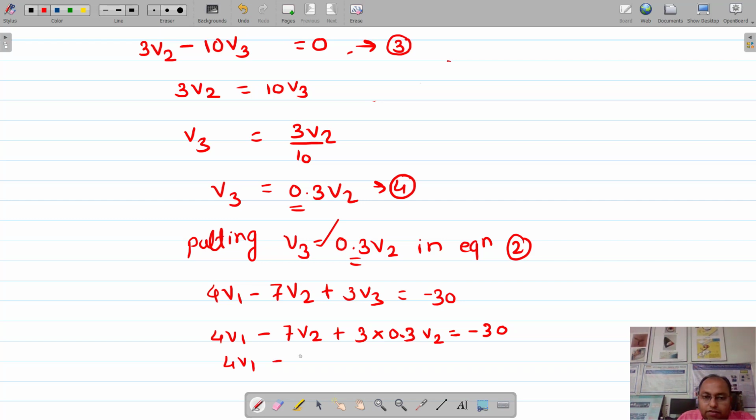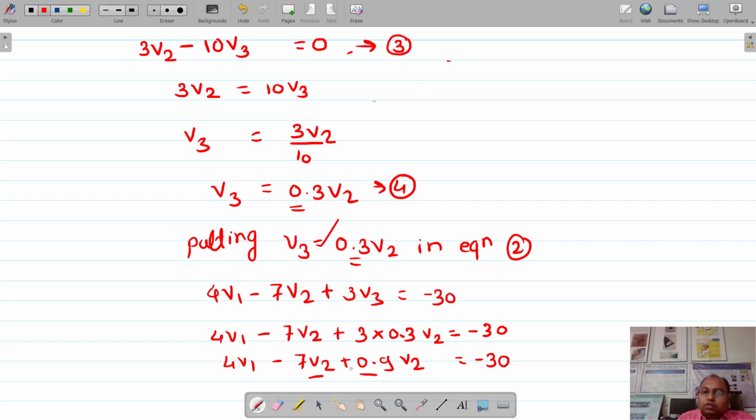4v1 minus 7v2, 3 into 0.3, it will be becoming 0.9. So 3 into 0.3, it is 0.9. So plus 0.9 v2 is equals to minus 30. Now let us add these two.